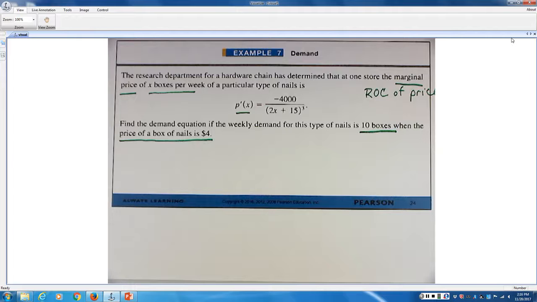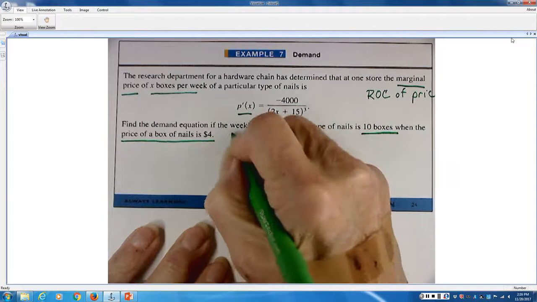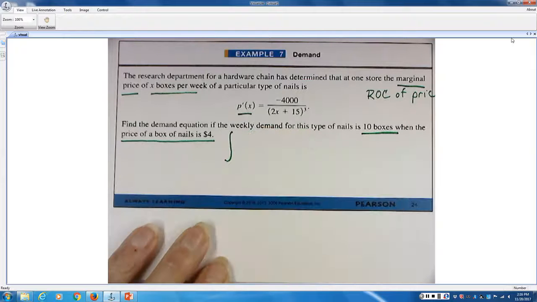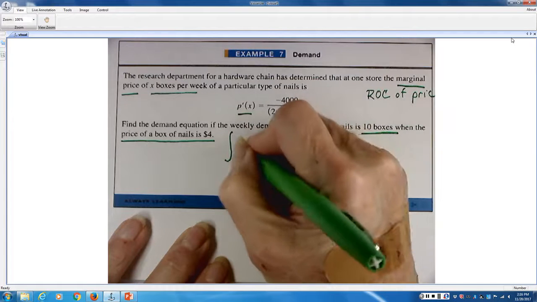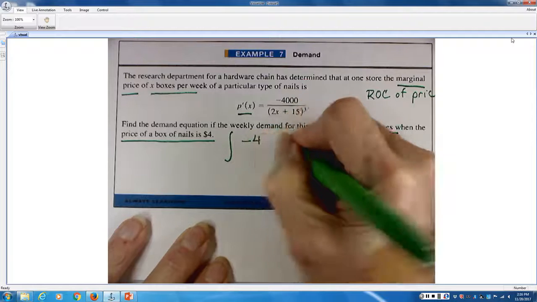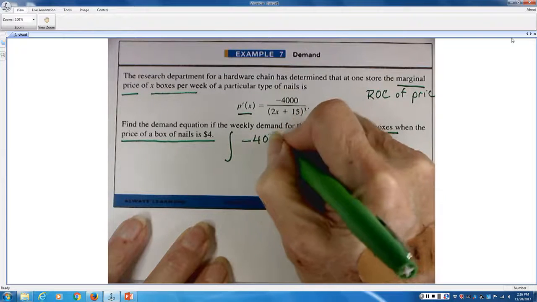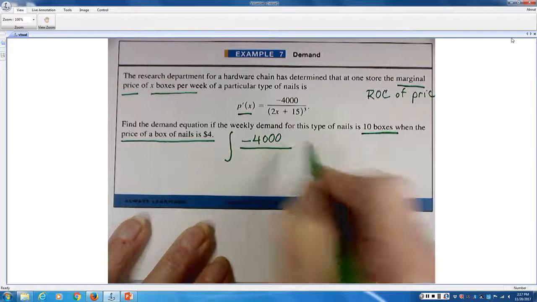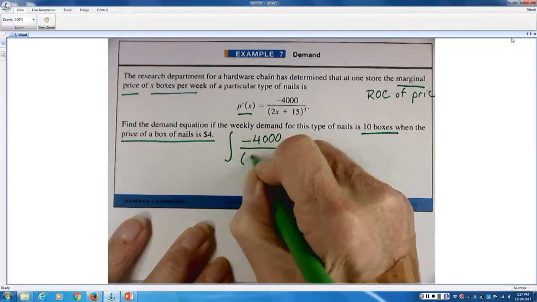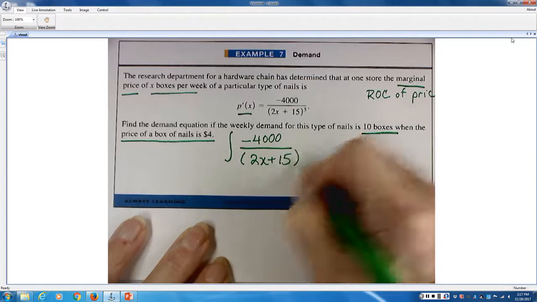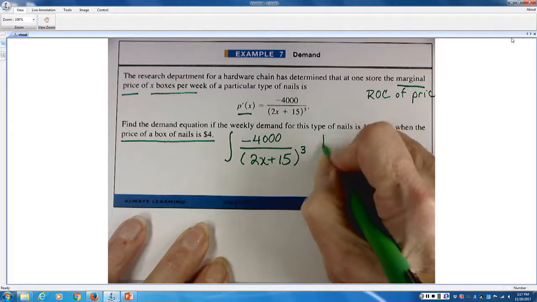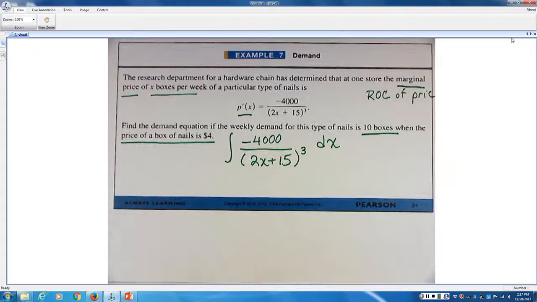So what we're actually trying to do is an integral of negative 4,000 over 2x plus 15 raised to the third power dx.